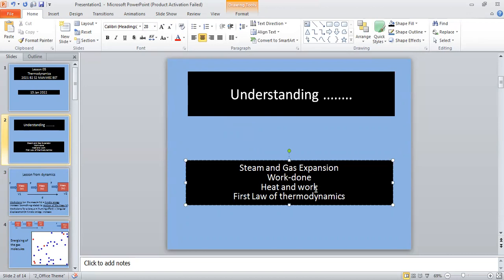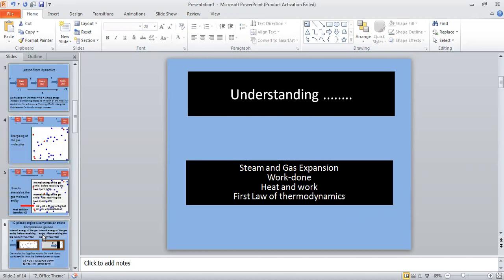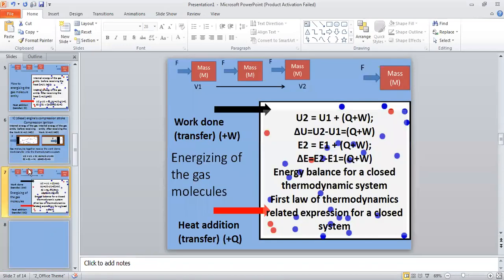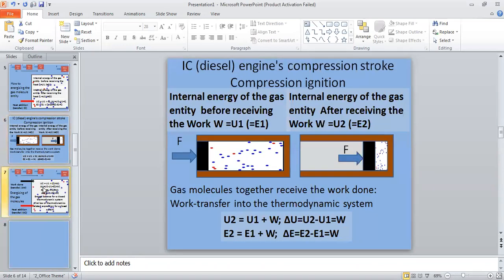Work we know a little. Energy balance, the first law of thermodynamics, we know a little. Not complete, but we have some solid practical sense of this. For further understanding, you can go through your notes, the one note I passed to you. You can go through that.